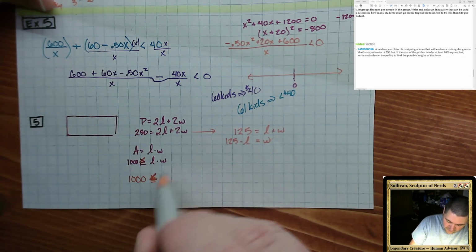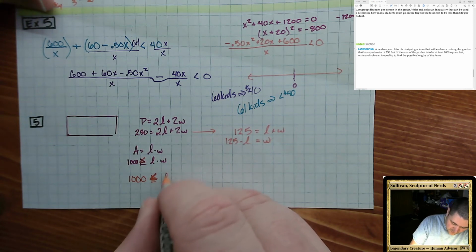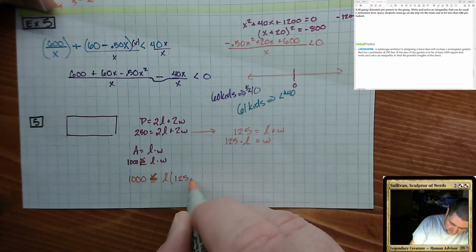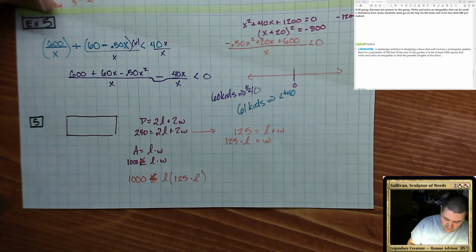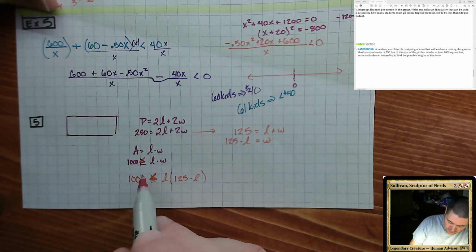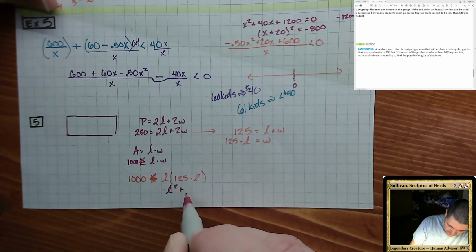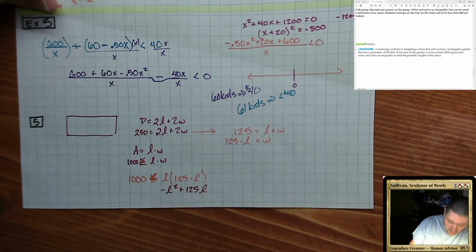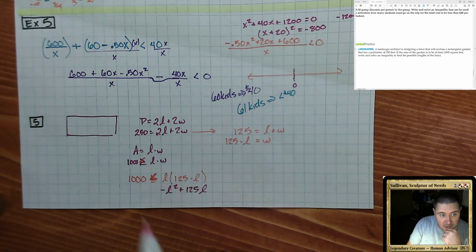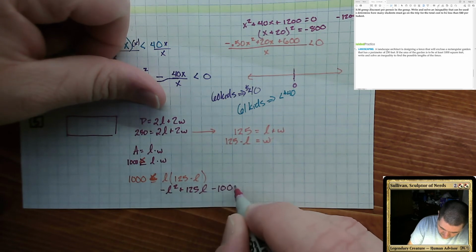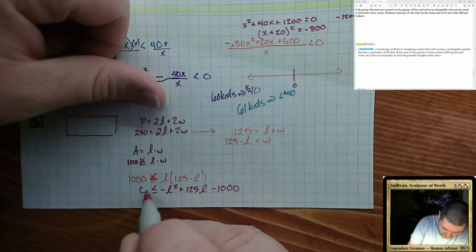I want the area bigger than that. There we go. Length times width, and width is now 125 minus L. I'll put everything on one side. That's negative L squared plus 125L when I distribute. I'll subtract the 1,000, and I want that greater than or equal to 0 now.